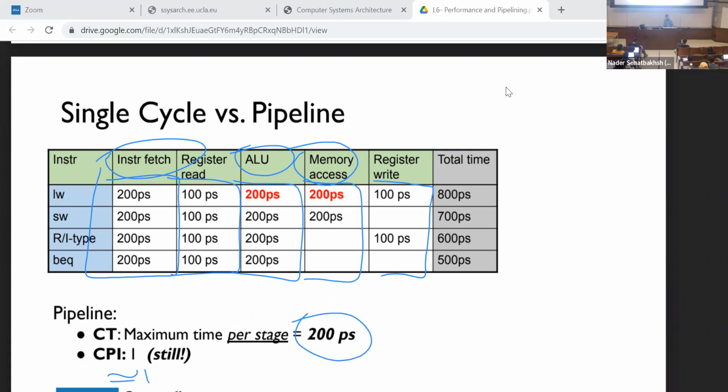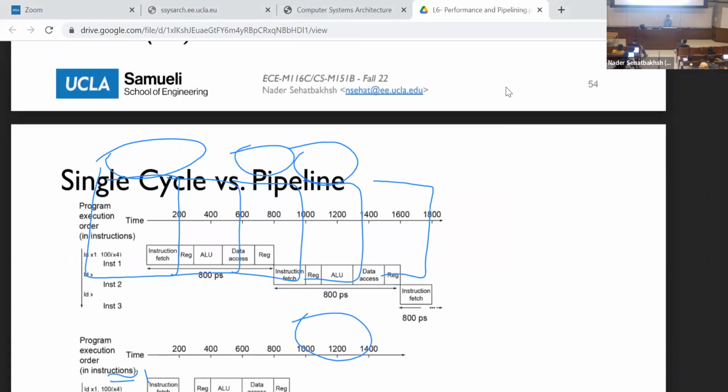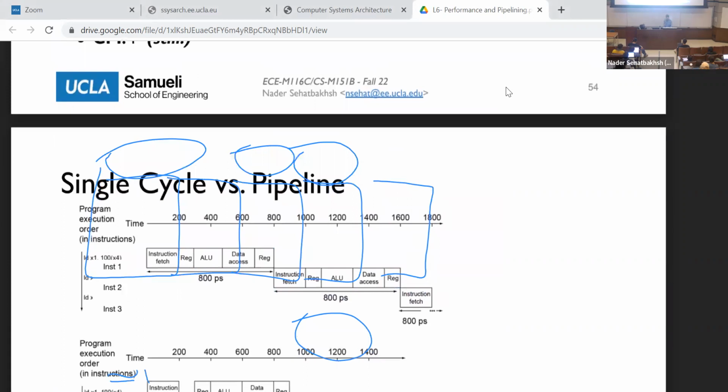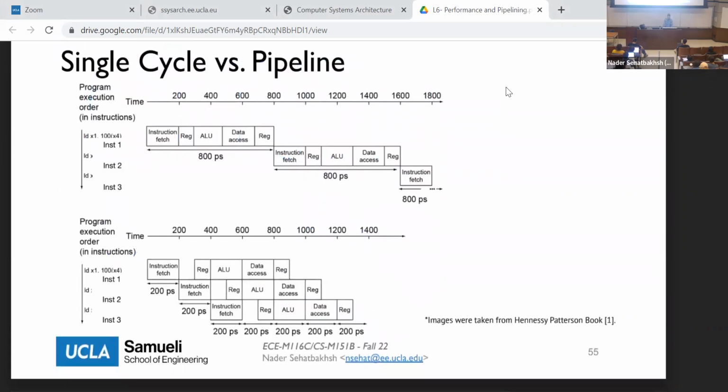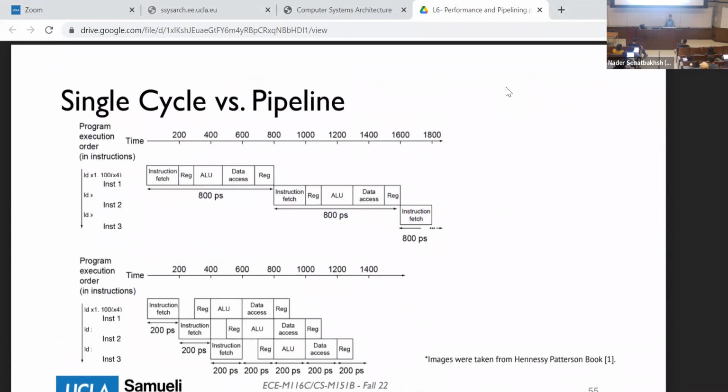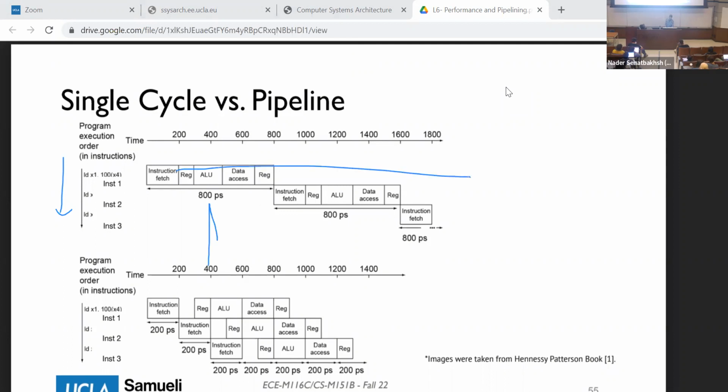So if you put these things together, this could be the runtime you get. Let's say, for example, you have 3 different instructions here with this 200 versus 800 clock cycle. These instructions take this amount of time for your single cycle, added together, versus pipelining, which takes a significantly lower amount of time, right?